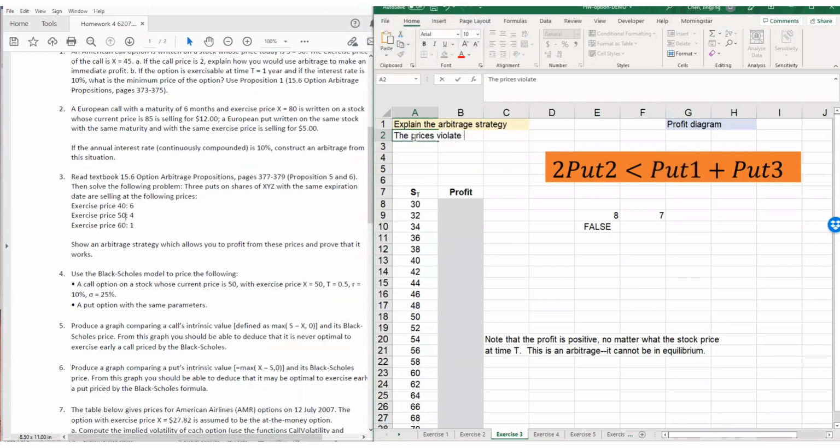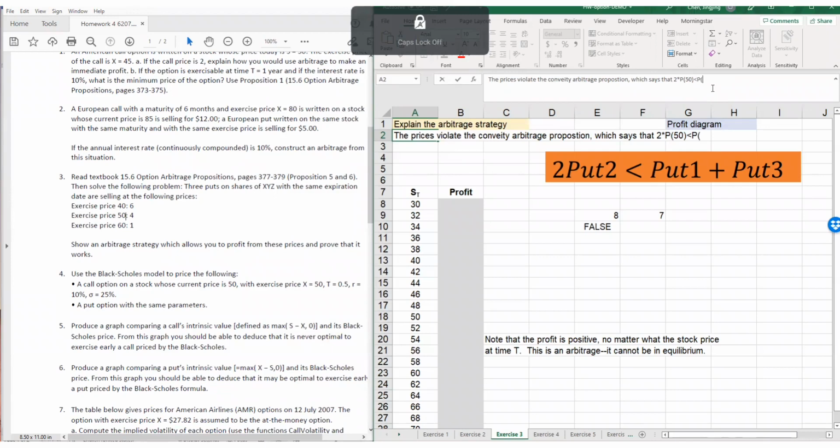So the prices violate the convexity arbitrage proposition, which says that 2 times put 50 should be less than put 60 plus put 40.